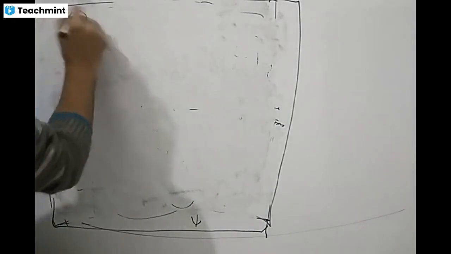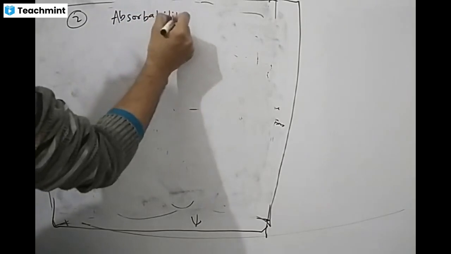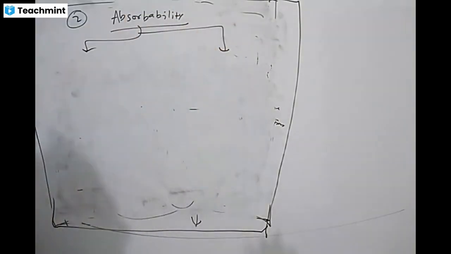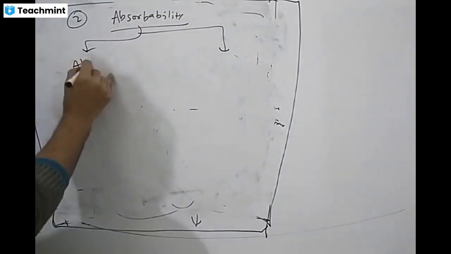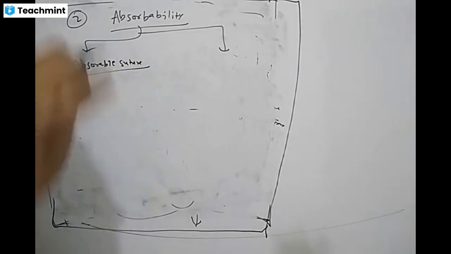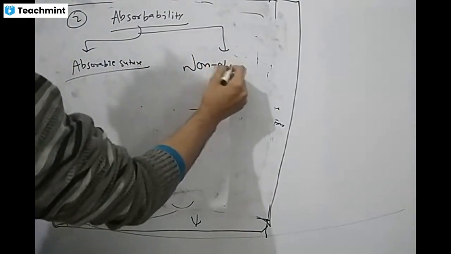The second characteristic of your suture material is absorbability. There are some places inside the body where you want absorbable suture, and some places where you want non-absorbable.